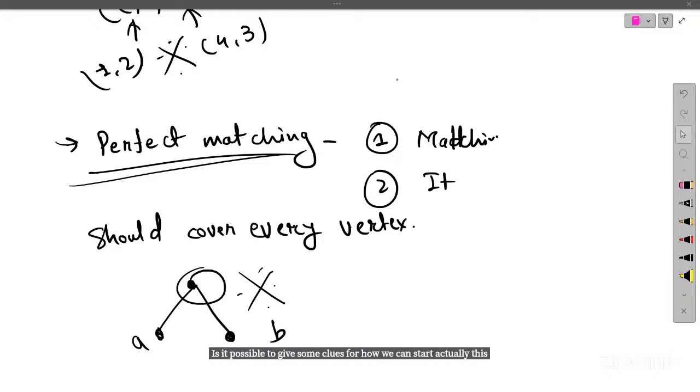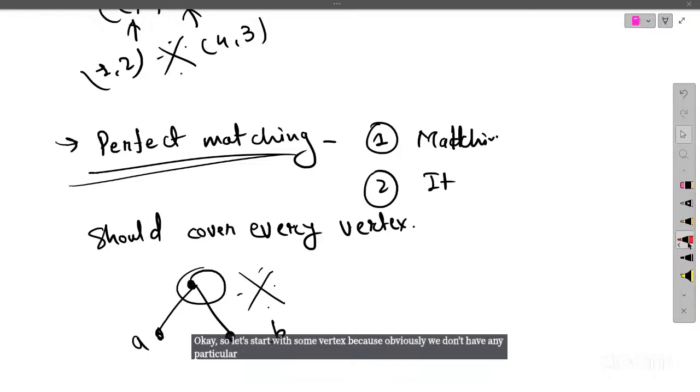Okay, so let's start with some vertex, because obviously we don't have any particular method. So you can start with S1, right?